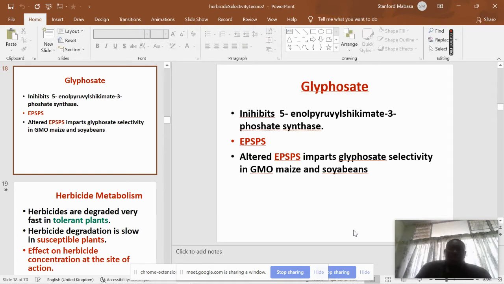Therefore, glyphosate will fail to kill maize and the soybean. So this is an artificial situation where we've actually interfered with the enzyme so that we bring about selectivity of glyphosate. So this is how enzymes can account for selectivity.